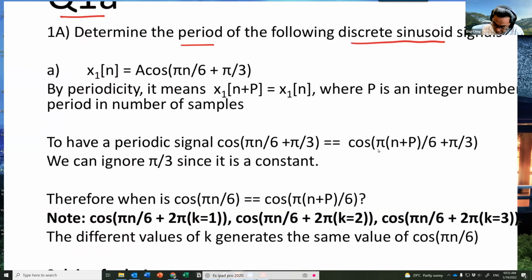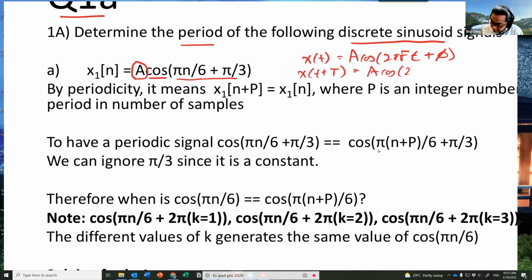The first signal is a cosine with amplitude A, and we have this expression inside the cosine. So typically, if you remember continuous time, x(t) equals some A cos(2 pi f t plus phi). And we know that it is periodic, for example, x(t plus capital T), which is A cos(2 pi f (small t plus capital T) plus phi).